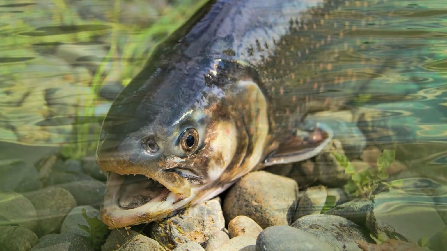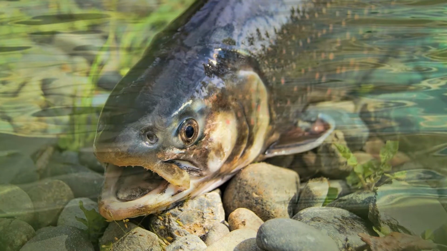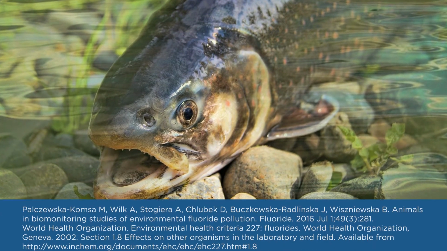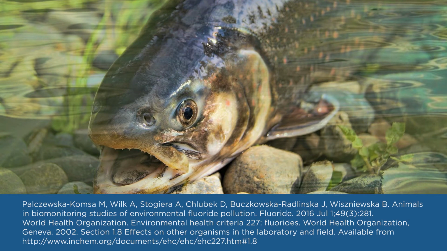Fluoride can be lethal to fish, and symptoms of acute fluoride toxicity in fish can include erratic movement and lethargy. Sources are Komsa-Palszewska et al., Animals and Biomonitoring Studies of Environmental Fluoride Pollution, Fluoride, 2016, July. Also the World Health Organization, Environmental Health Criteria 227, Fluorides, World Health Organization, Geneva, 2002.